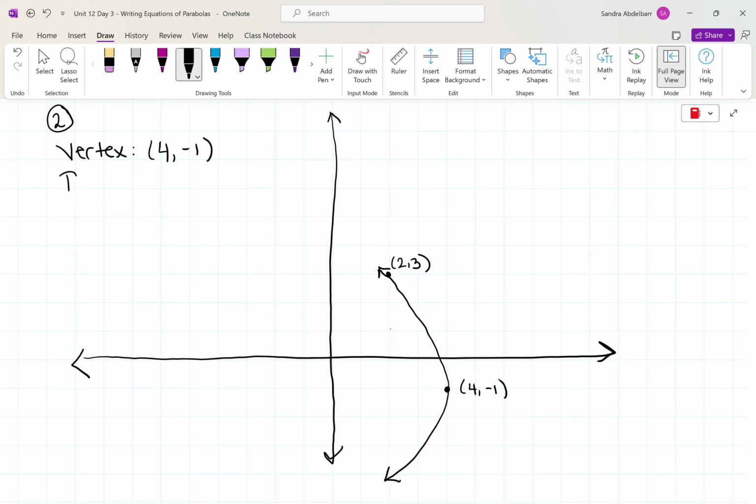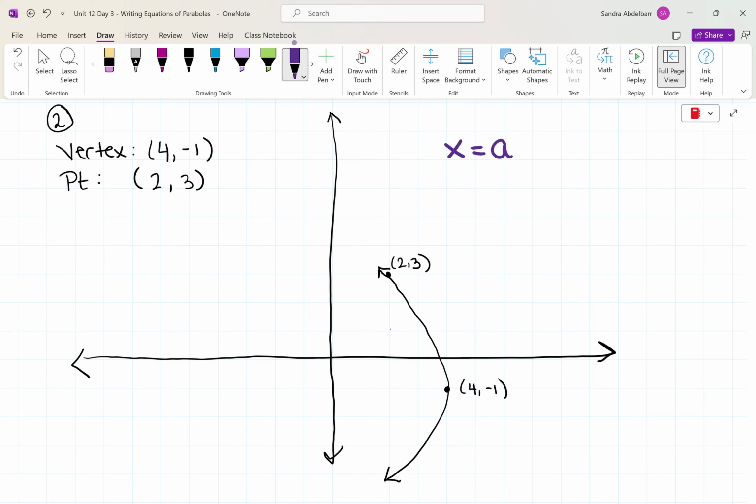So my vertex is 4, negative 1. I have a point that is 2, 3. Since this is a horizontal parabola, what is the format for the equation we're going to use? The equation of a horizontal parabola.